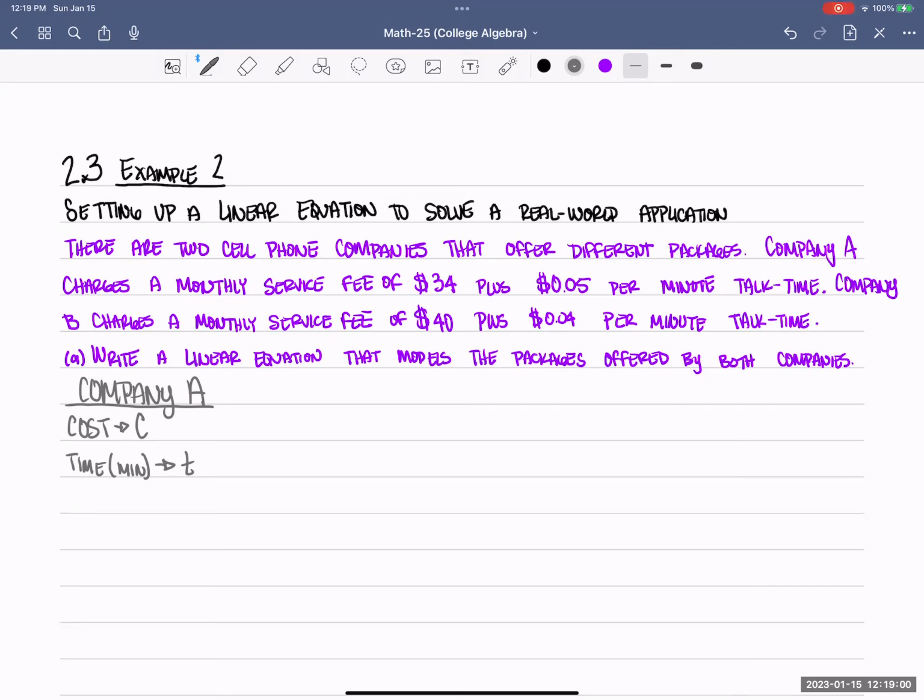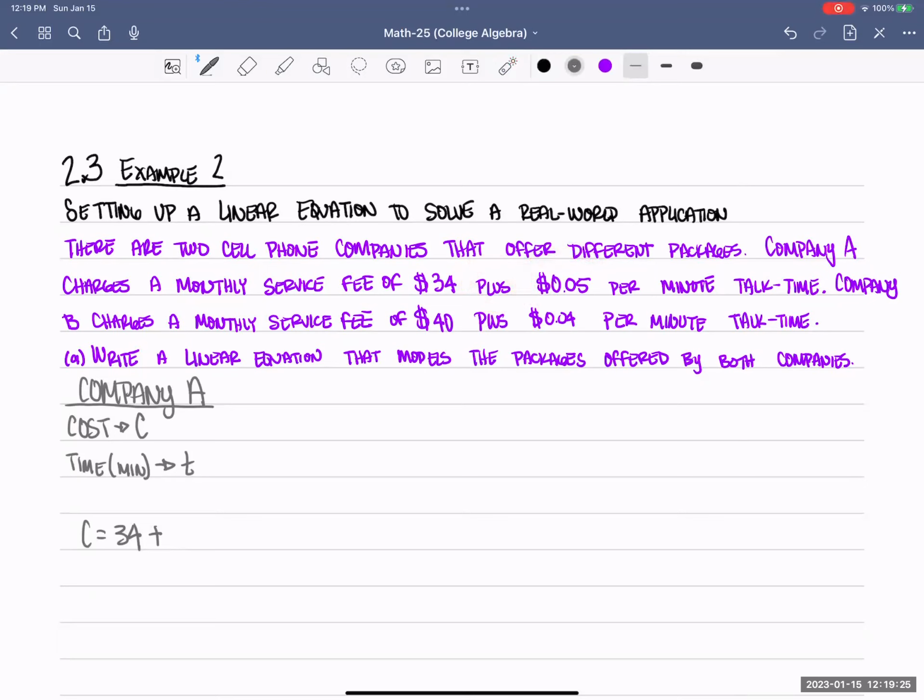So for company A, we'll say that the cost is equal to, they start off with a service fee of $34. So we'll say cost is equal to $34 plus 5 cents a minute talk time.